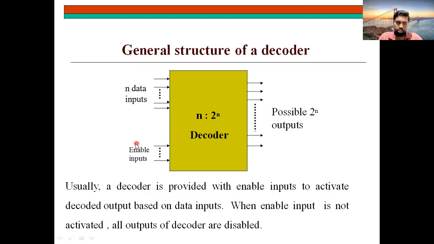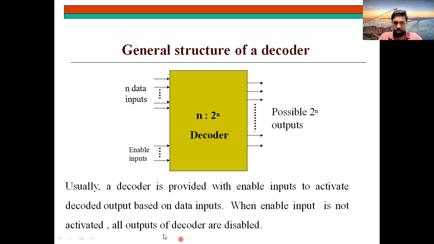Because of the enable input, one among the 2 power n outputs will be activated. If enable is not supplied, you will get all zeros, because no output is generated when the circuit is off. So remember, if you want the outputs to be activated, the enable input should be in the active state.